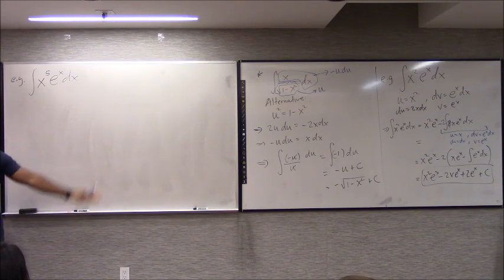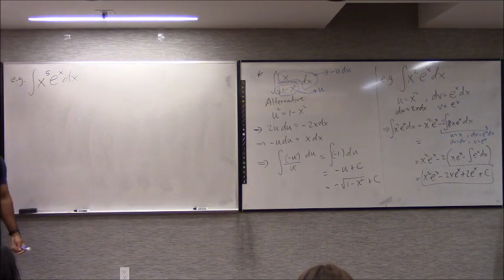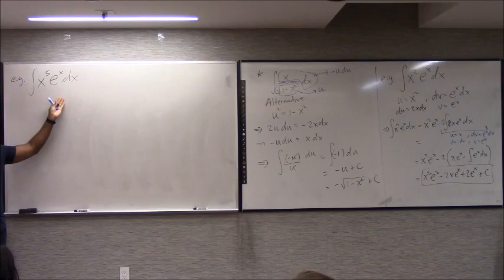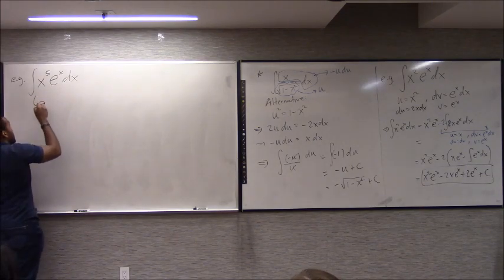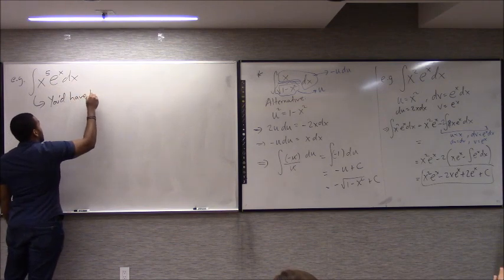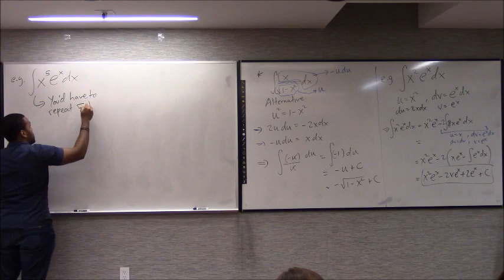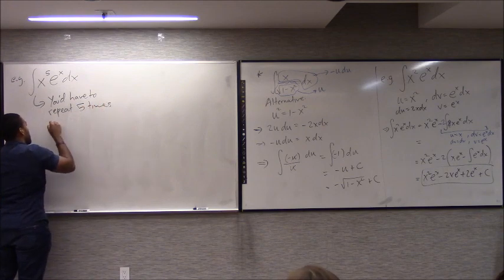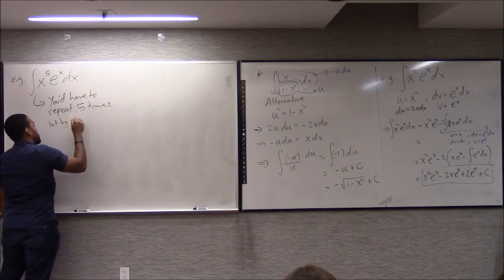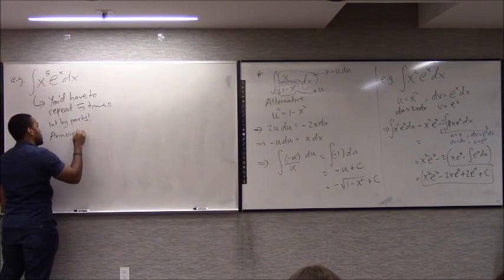Integration by parts is going to start spreading out. You're going to have all these nested parentheses. You're going to have to make sure you're distributing; a lot can go wrong here. So here you'd have to repeat integration by parts five times, which, needless to say, is very annoying.